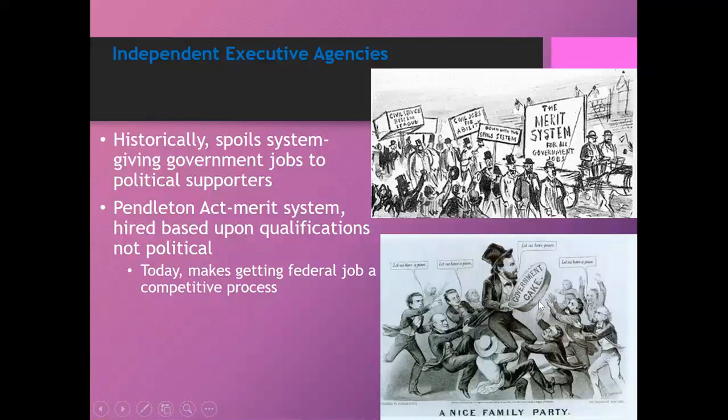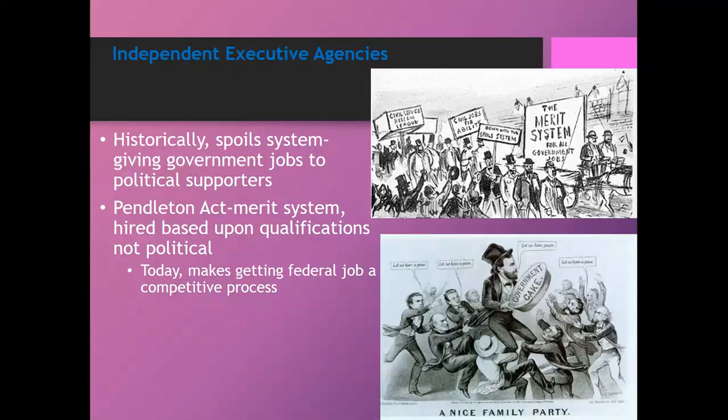President Garfield was fatally shot by someone who did not get the federal job he thought he deserved because he had supported Garfield in his campaign. Many people began to call for an end to the spoils system. A lot of people thought the spoils system was a good thing because it encouraged more supporters and more political participation.